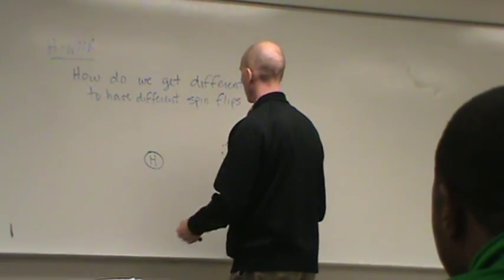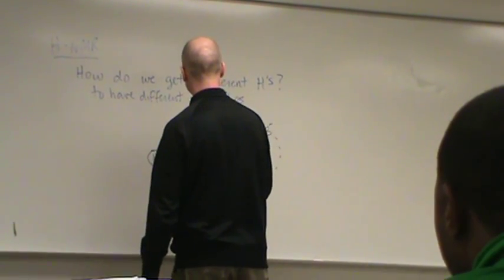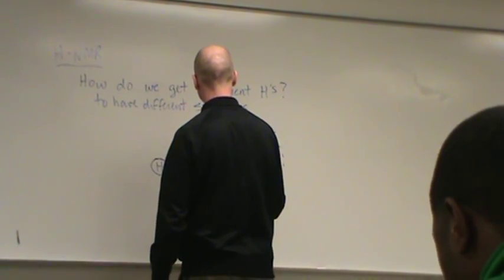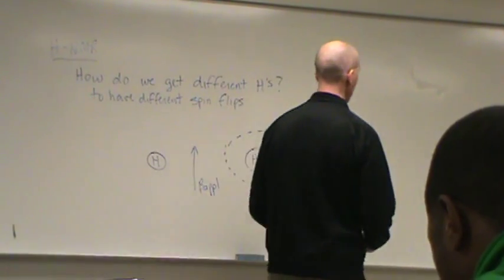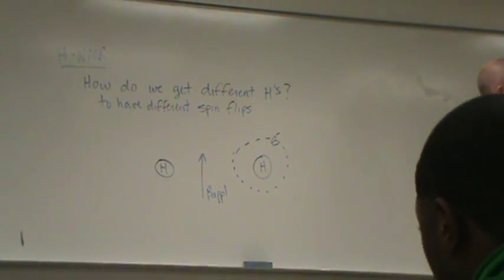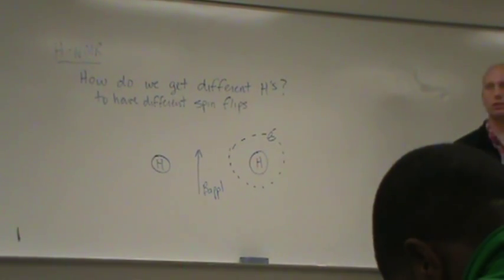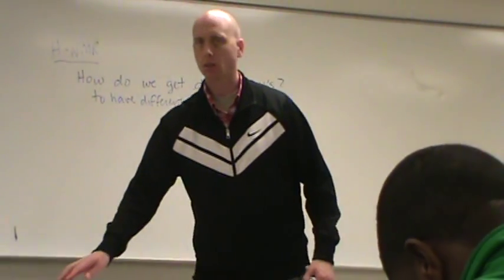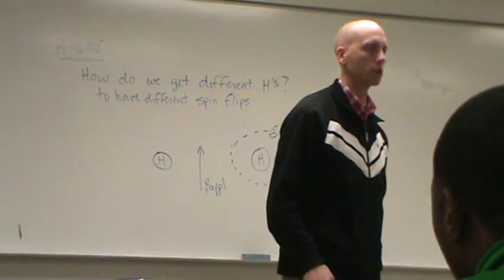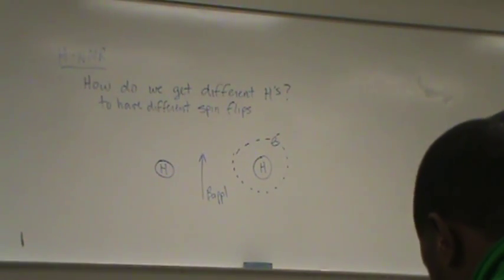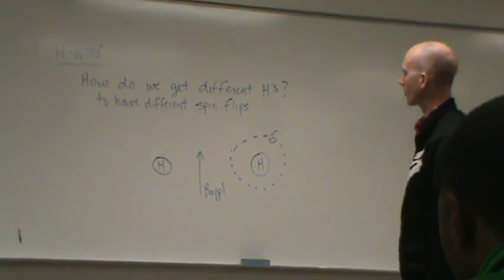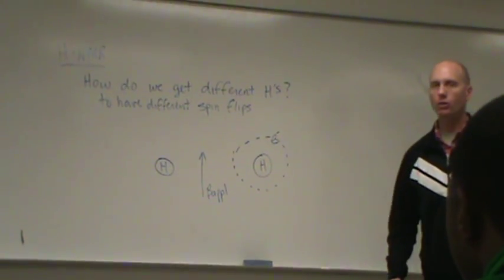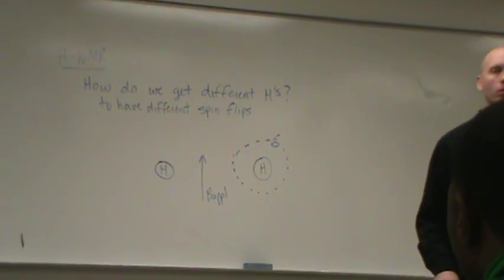So let's take both of them and apply the magnetic field. And let's start asking some questions. Hopefully some easy questions. Which one of these two will feel the magnetic field easier?